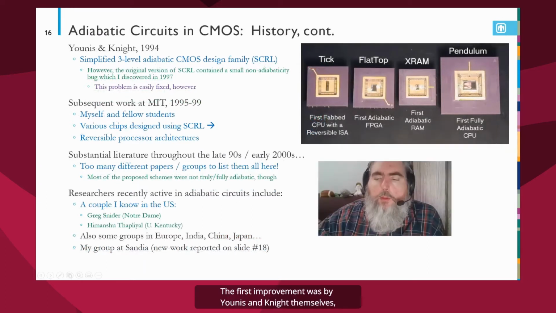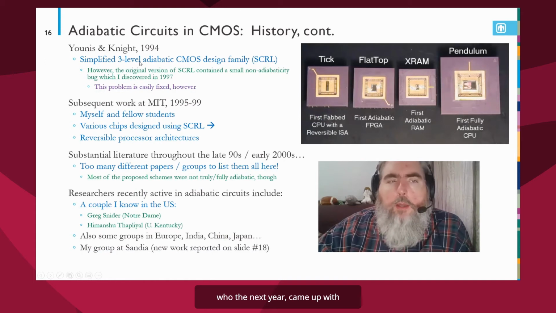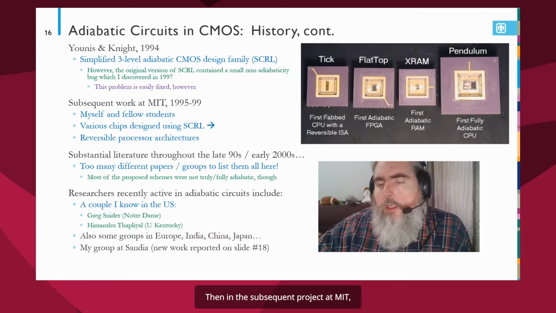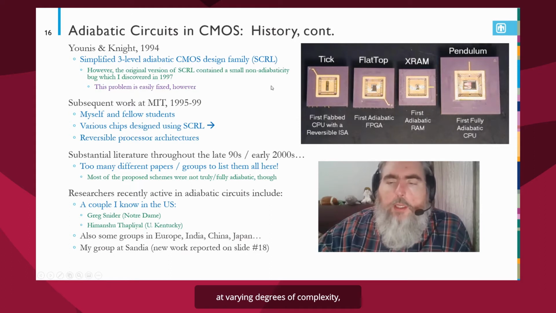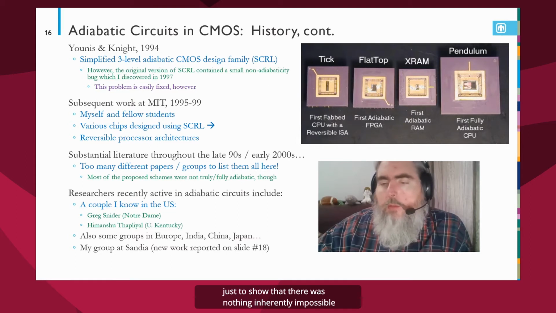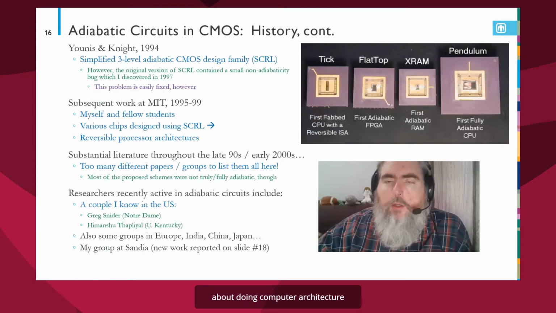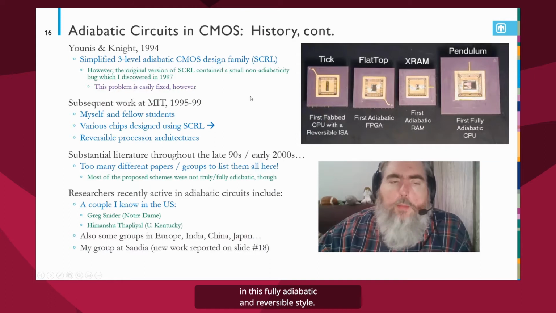The first improvement was by Younis and Knight themselves, who the next year came up with a somewhat simplified version of CRL called SCRL, and then in the subsequent project at MIT, which I was a student on, we designed several processors at varying degrees of complexity, just to show that there was nothing inherently impossible about doing computer architecture in this fully adiabatic and reversible style.